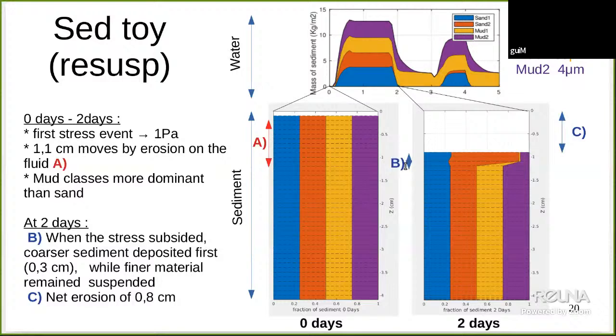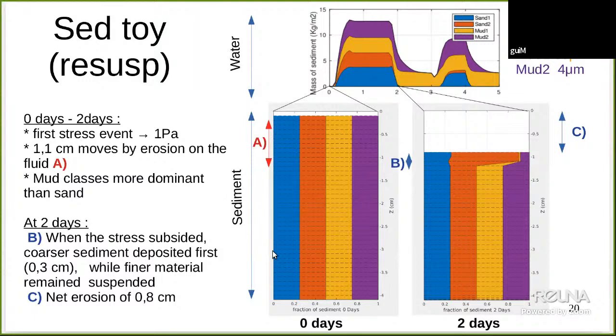That means that all of this material is going into the water. So you can see here we have different classes. The concentration is increasing. We have much more cohesive sediment here, much more than non-cohesive.